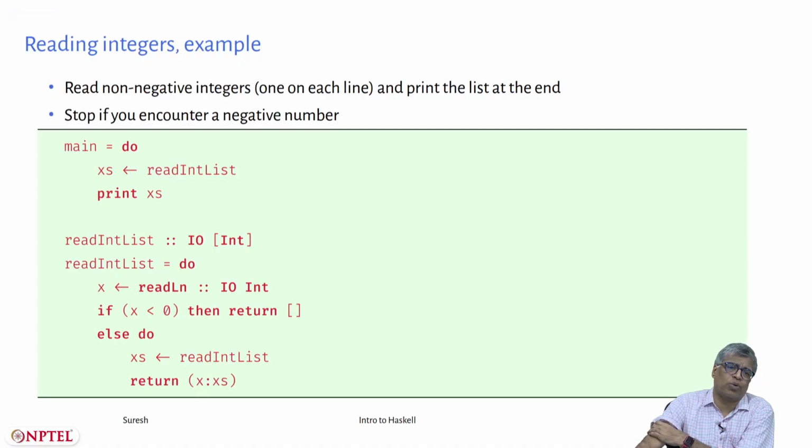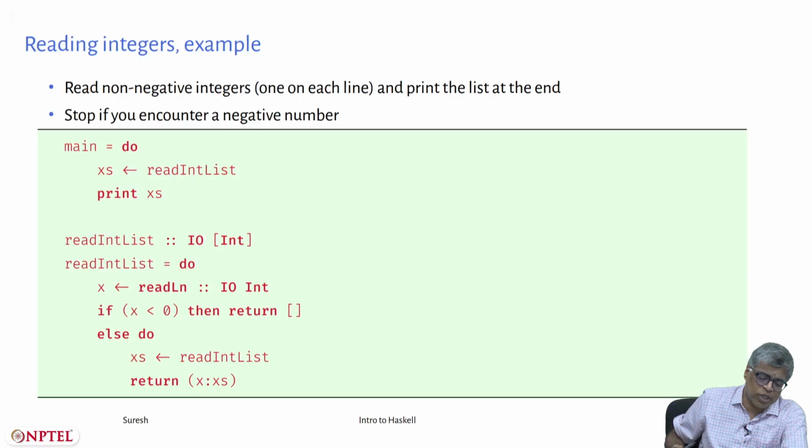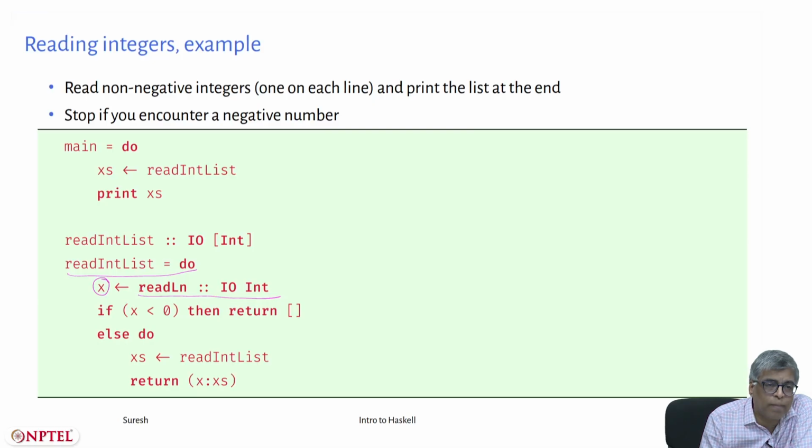Okay, so let's look at this readIntList function. I will do readLn :: IO Int and call it x. I mean, bind the name to x. If x is less than 0, I return the empty list. Okay, return here again is just promotion. I could have written pure of the empty list.